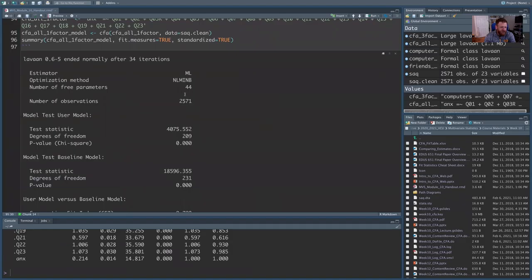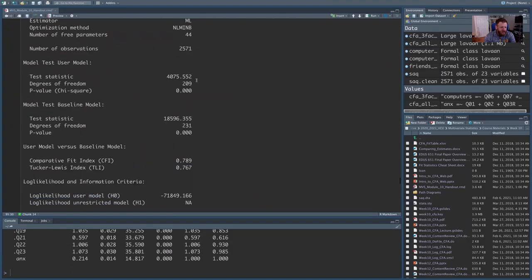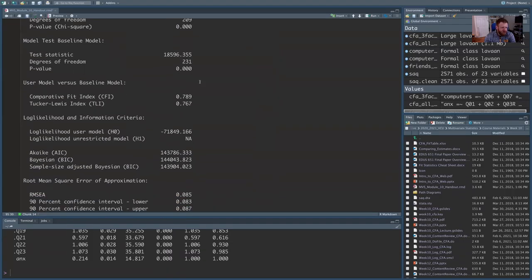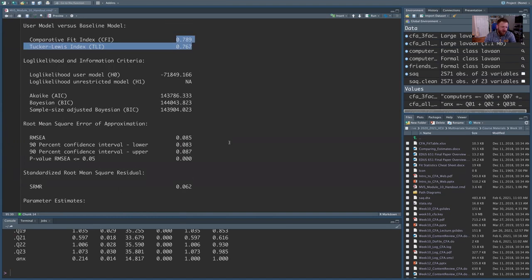So again, this is the one factor, and chi-square here is pretty high, 4,000 points, 200 degrees of freedom. When we get into this, notice the fit is very, very poor. CFI is 0.79, TLI is 0.77. Those are well below any threshold that we might consider for good model fit. RMSEA is not terrible, but it's still pretty high.